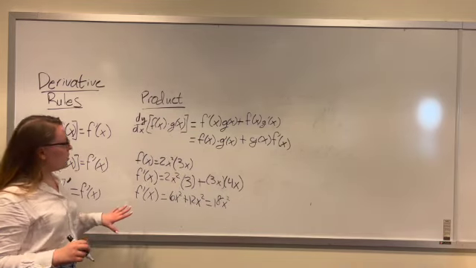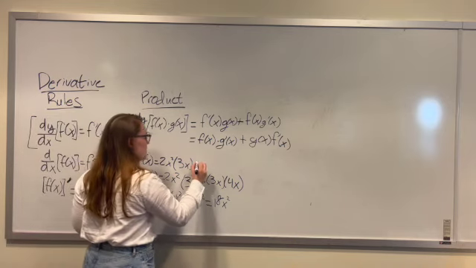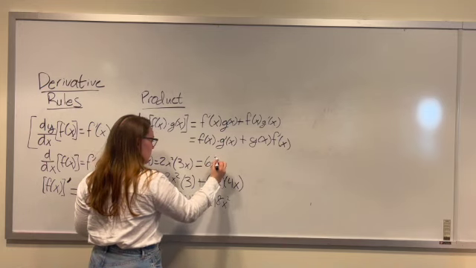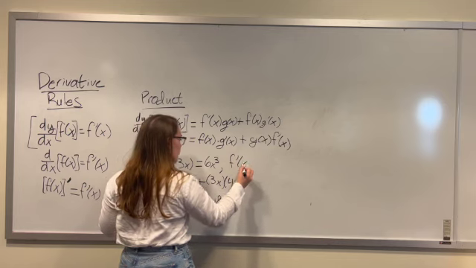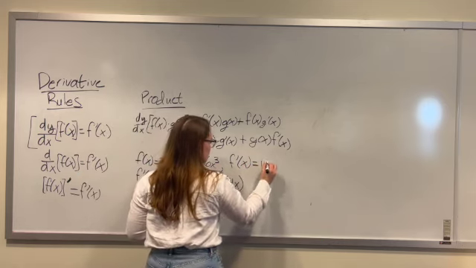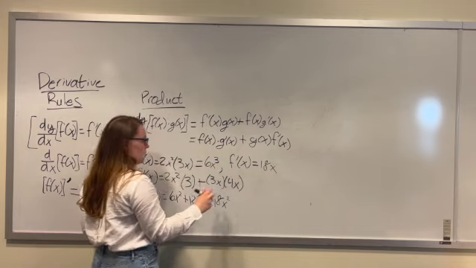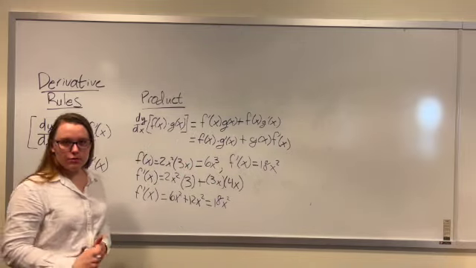And then if we really wanted to use the power rule, we could expand this out and we would get 6x cubed, in which then we would find that f prime of x is 3 times 6 times x to the 3 minus 1 power, which is 2. And that is the same answer.